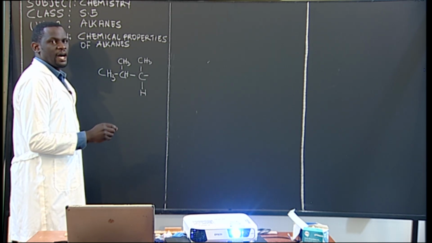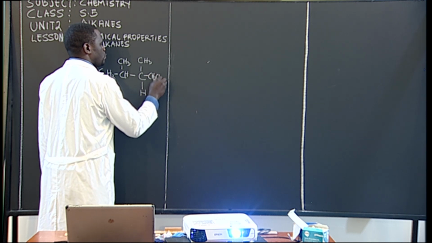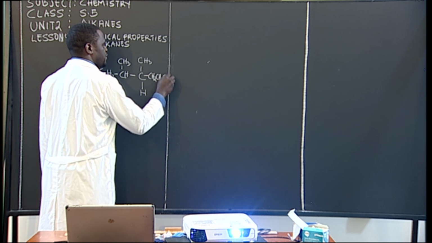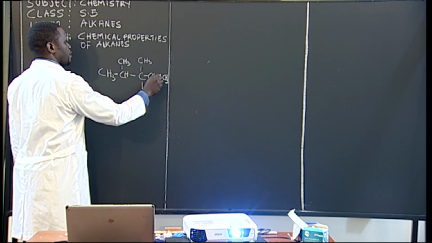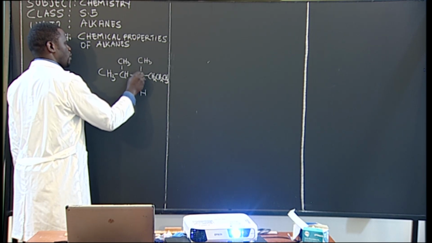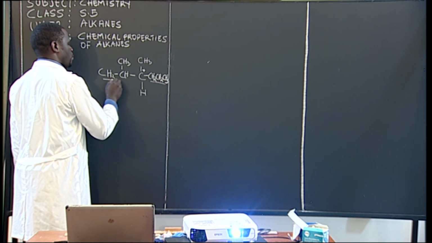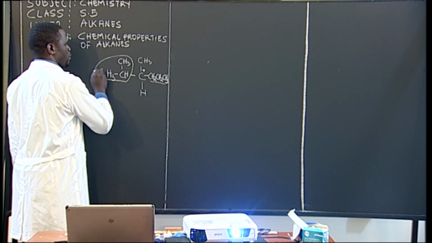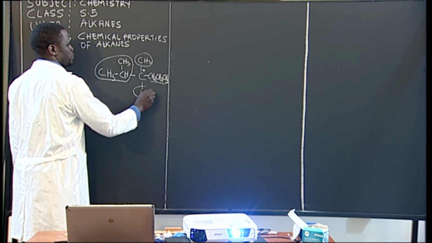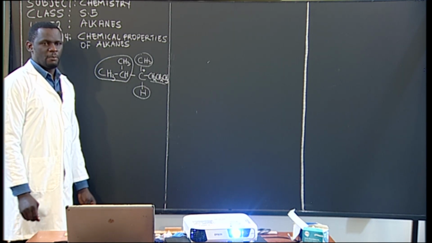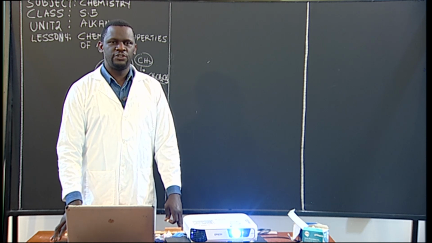Then we can have CH2, CH2, and CH3: 1, 2, 3, 4, 5, 6, 7, 8. So this one, with this group different from that group, we can consider this one as a group also, different from that one, and different from this hydrogen. So we can have optical isomers.